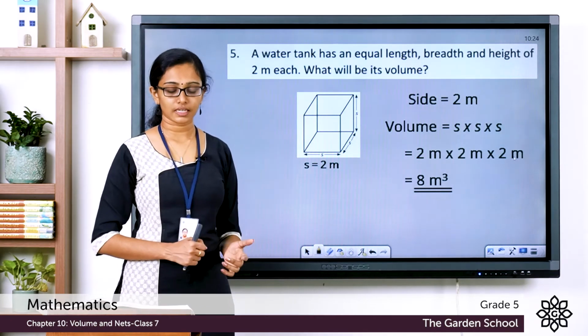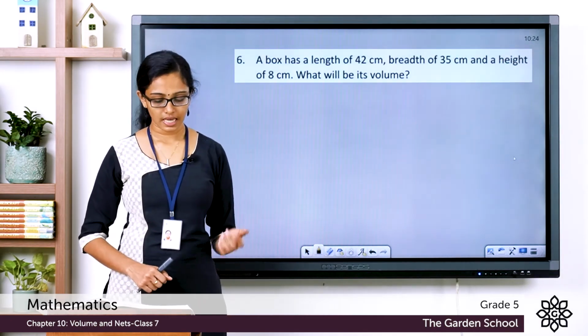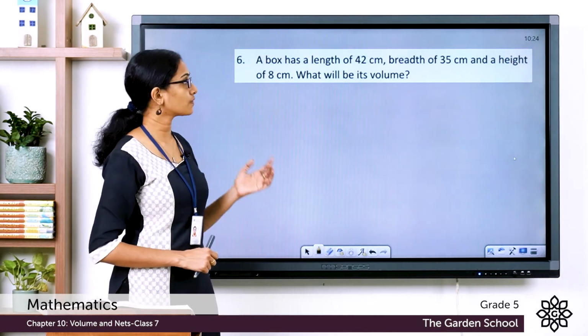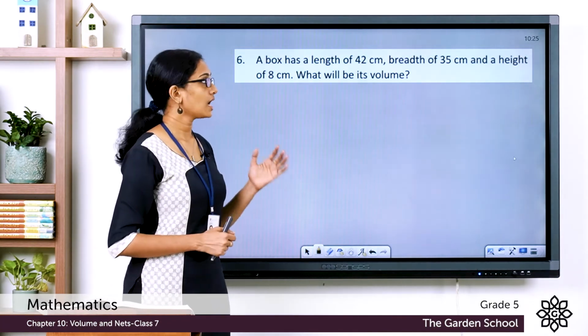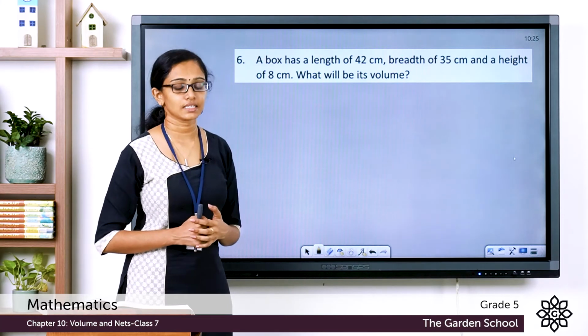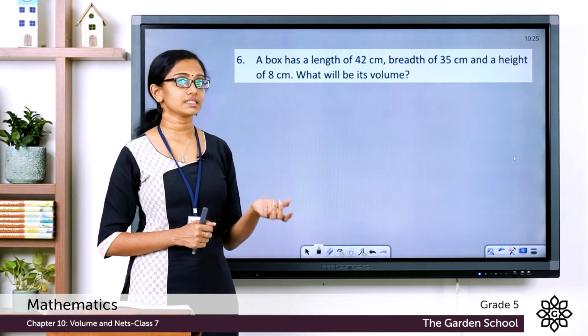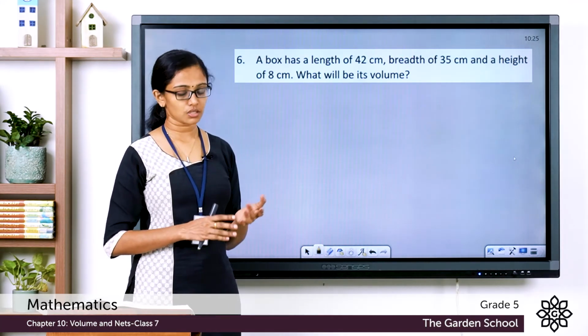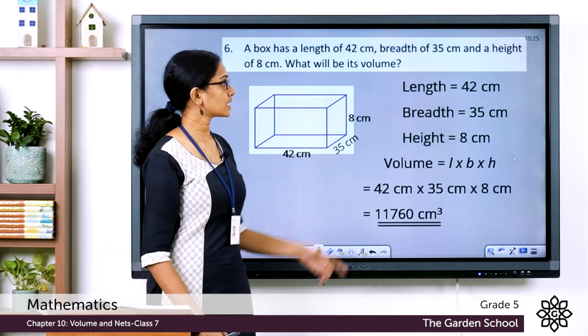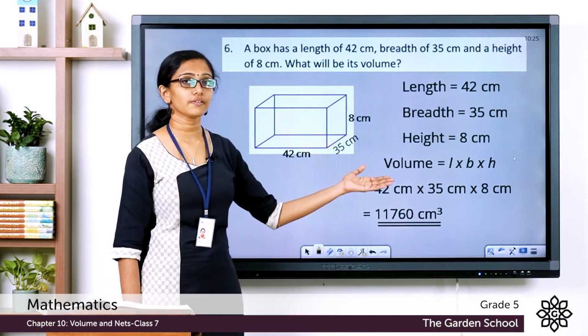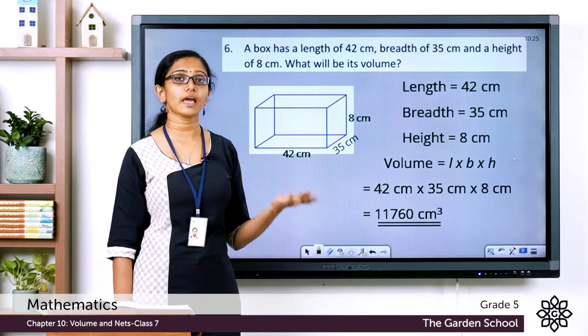Now, let's move on to the next question. Question number 6. A box has a length of 42 centimeter, breadth of 35 centimeter and a height of 8 centimeter. What will be its volume? So, the dimensions of this box are given and the length is equal to 42 centimeter, the breadth is equal to 35 centimeter and the height is equal to 8 centimeter.